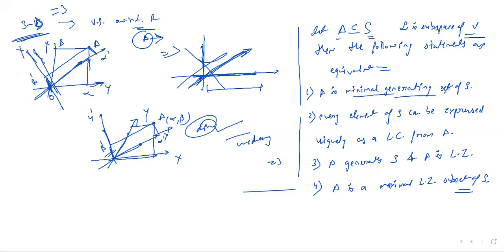A is a minimal generating set of S. So what does it mean?